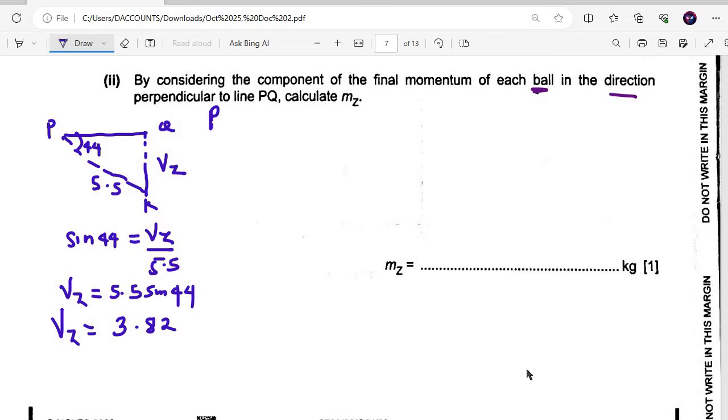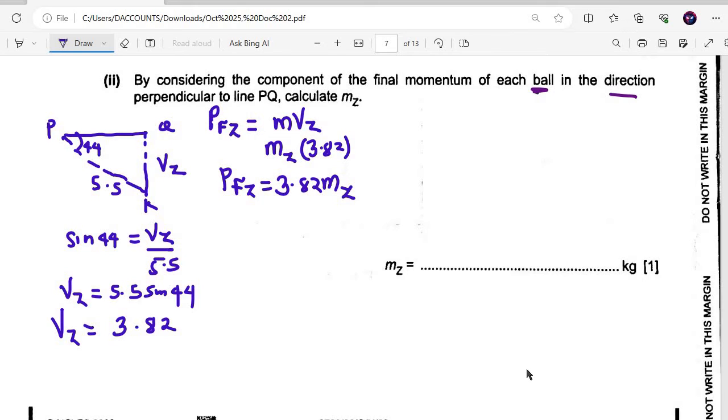The final momentum of Z after collision in that direction is mass times velocity. The mass is mZ, which I don't know, and the velocity is 3.82. So the final momentum of Z in that direction is 3.82 mZ.